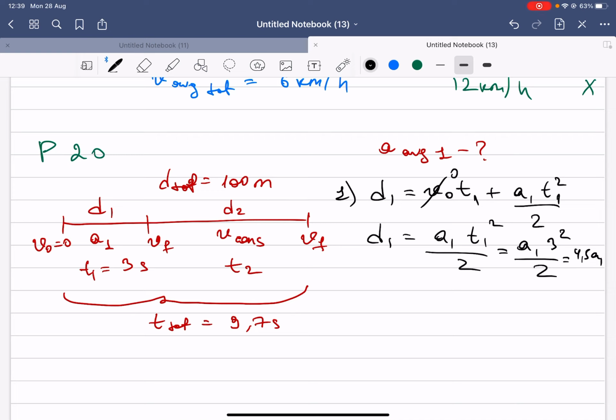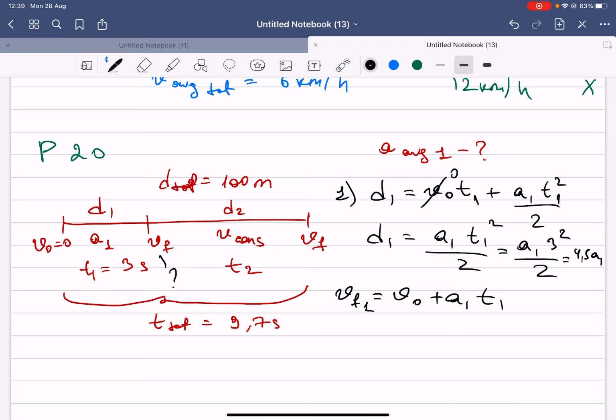Now, how can we find this v final? We're still looking at the first part. V final is equal to v initial plus a1 time 1. Let's say that this is v final 1.